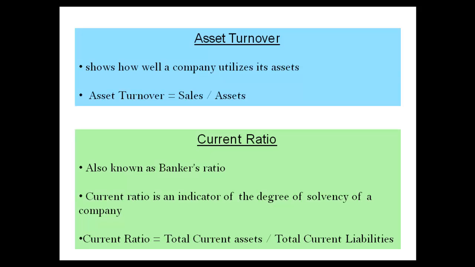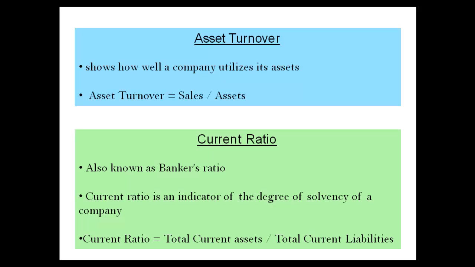Current ratio. This is a prime measure of how solvent a company is. It's so popular with lenders that it's sometimes called the banker's ratio. Generally speaking, the higher the ratio, the better the financial condition a company is in.